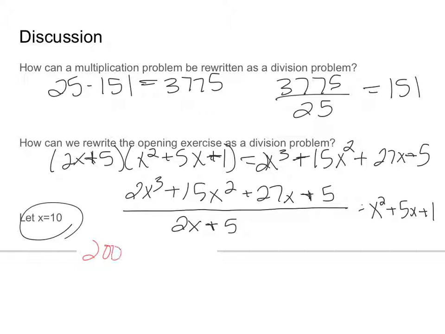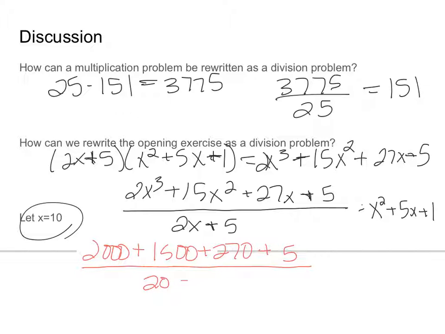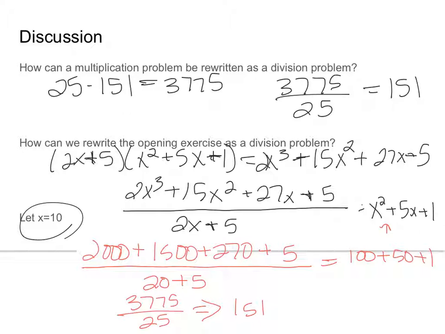So we'd have 2,000 plus 1,500 plus 270 plus 5 divided by 20 plus 5. This gives me 3775 divided by 25, which should in fact equal, if we replaced them up here now, 100 plus 50 plus 1, which should be 151. Okay, I'm going to grab my handy dandy little calculator and double check that. You can feel free to do the same.